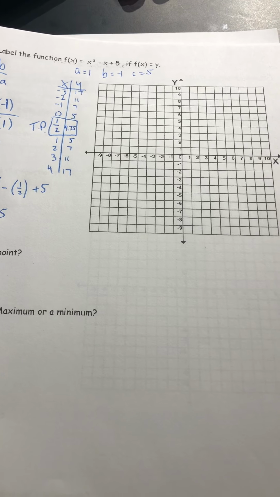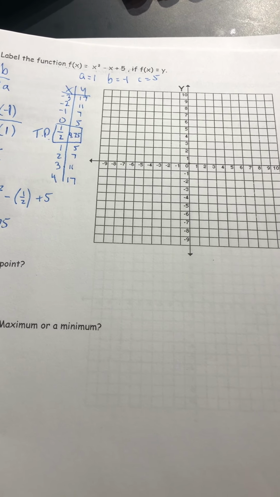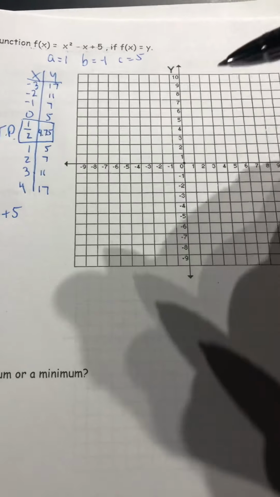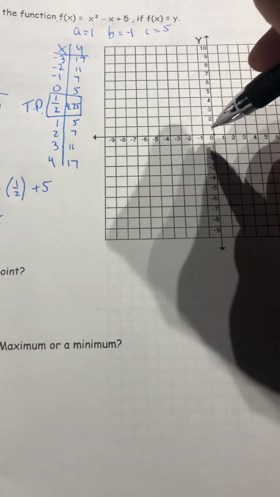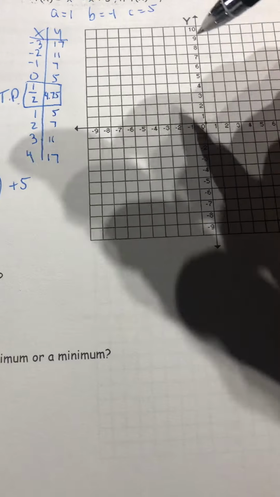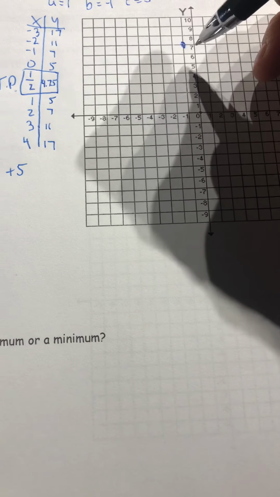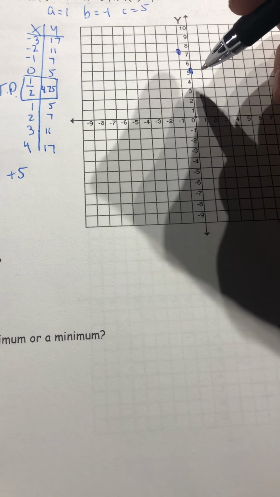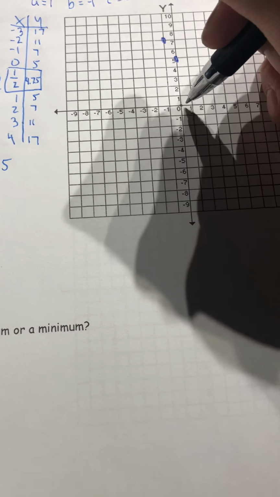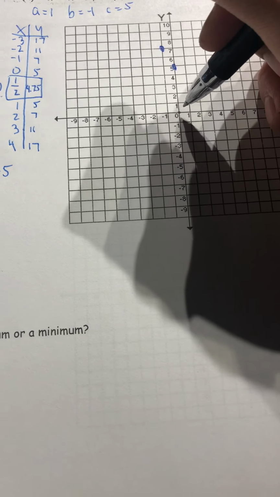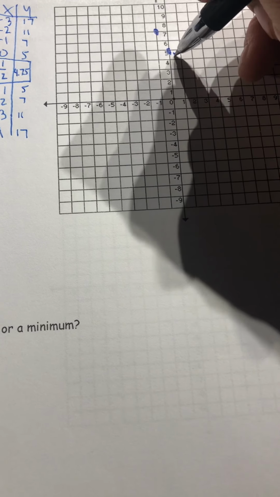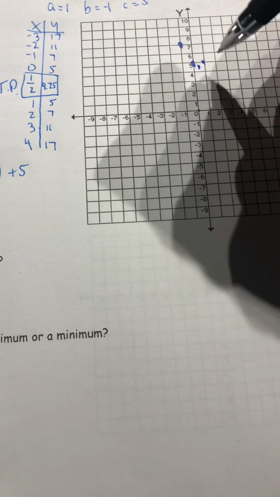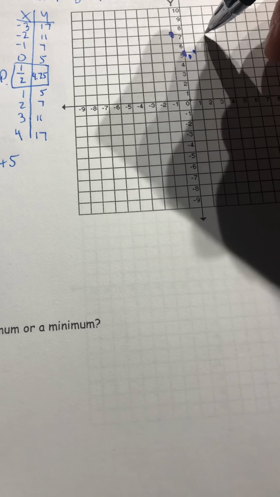Really the only thing that I'll be graphing is from -1 to 2, because those are the only ones that will fit. So I have -1 and up to 7. I have 0, 5. Now I have 1/2, which is approximately in between 0 and 1. I'm going to go up 4.75, which is about right there. Then I have 1, 5, and 2, 7.